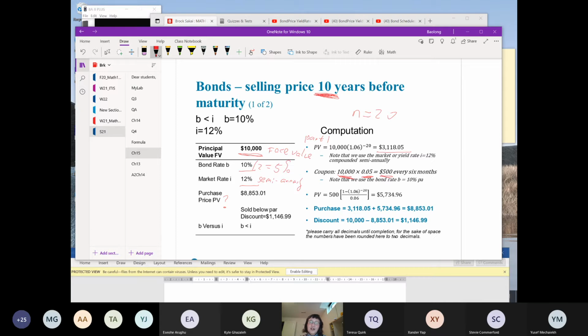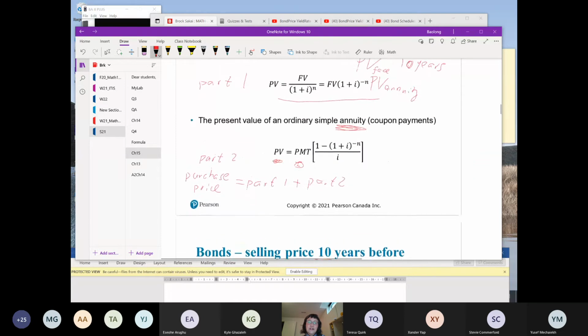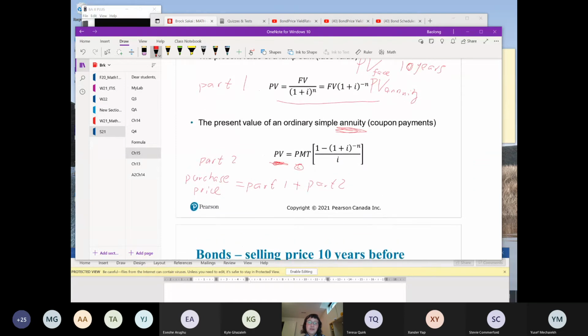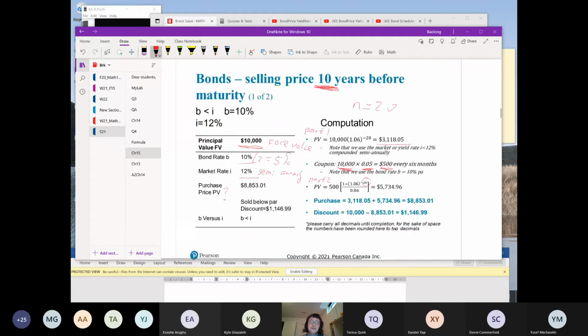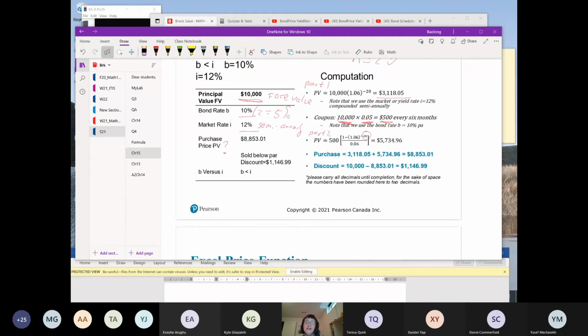Okay. So how many 6-month periods are there over 10 years? There are 20 periods over 10 years. And then this is part 2. You calculate the present value of the annuity here. And then part 1 plus part 2, you get the purchase price.